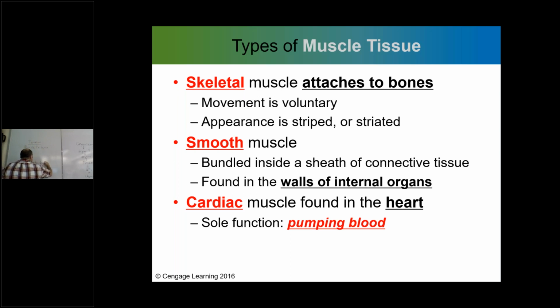Bone to bone, ligament. So what anchors muscle to bone? Tendons. An extension of the muscle is a tendon.